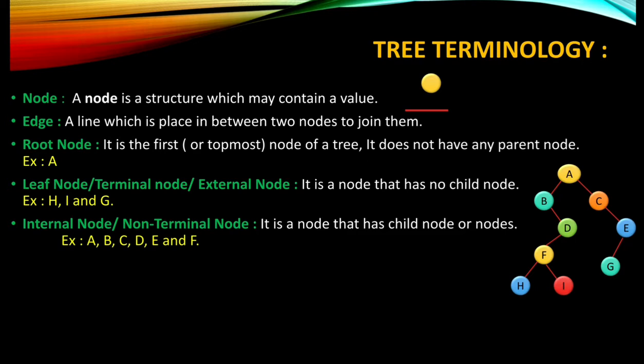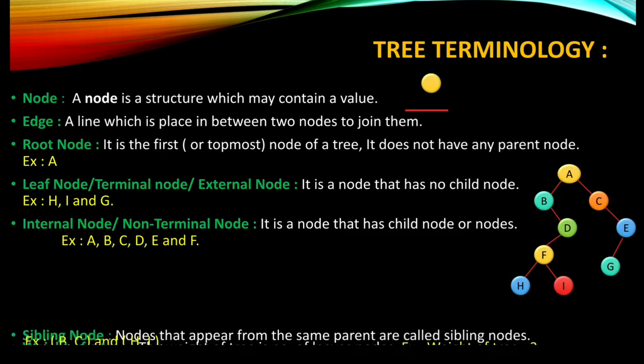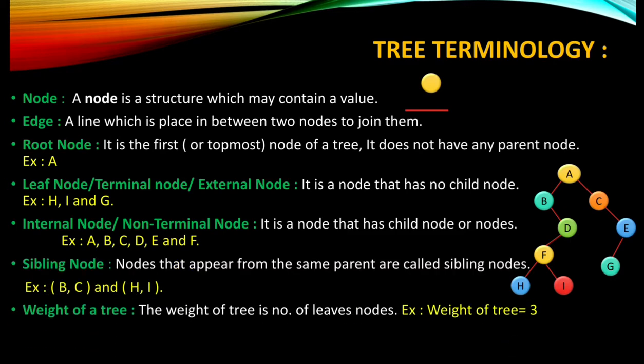It means A, B, C, D, E, F, all are internal nodes. Siblings: when one parent has two children, then both of them are siblings. Nodes that appear from the same parent. See, B and C are siblings. H and I are siblings.